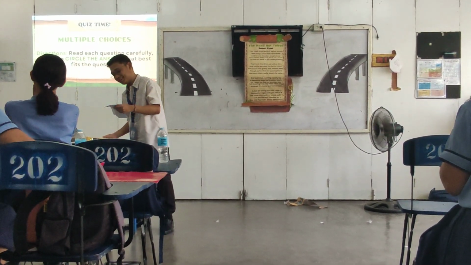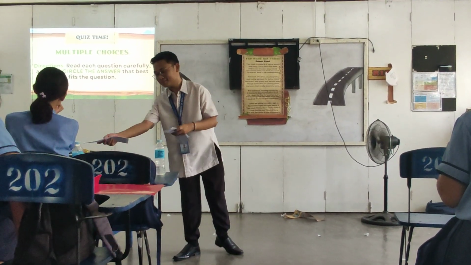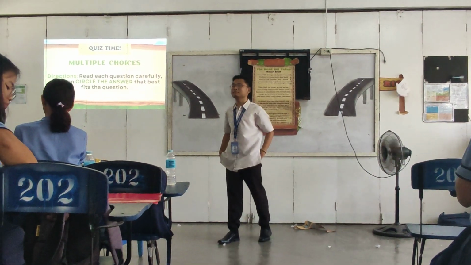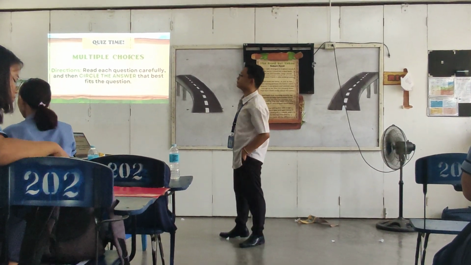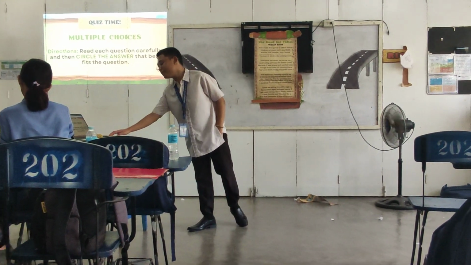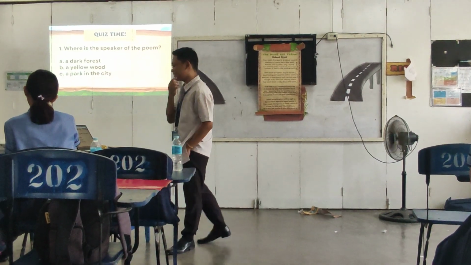So, we are now going to have a quiz. It is quiz time. So, kindly pick one and pass. Directions: read each question personally and answer it as best you can. Are you all ready to answer our quiz? Alright.